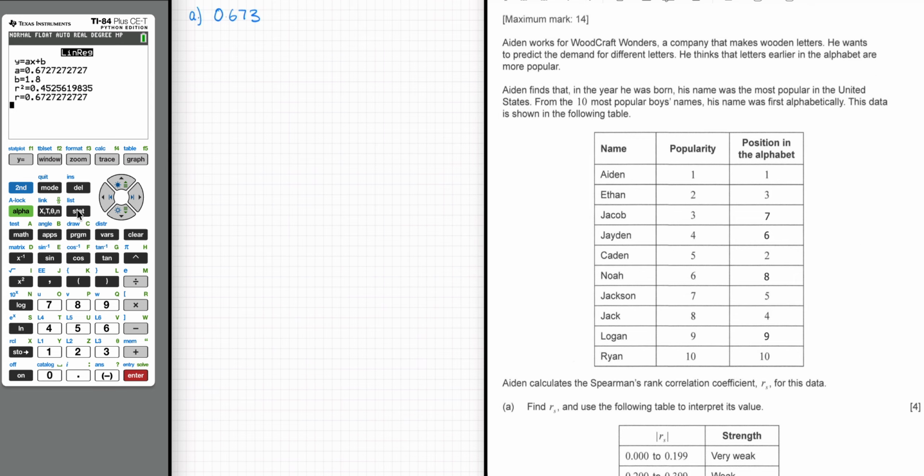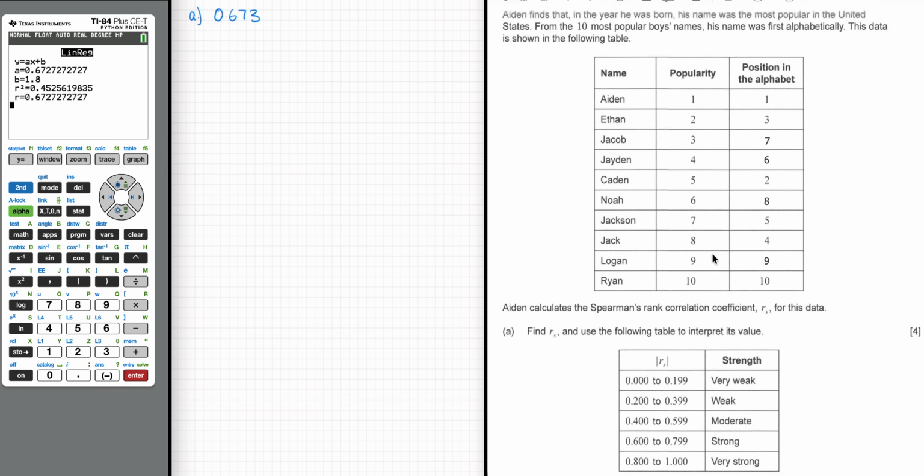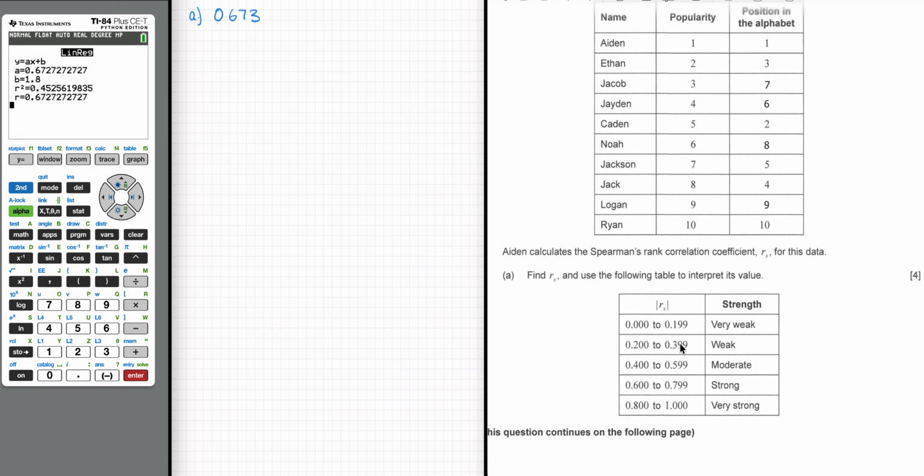And it asks us to interpret the value based on this table. So 0.67 is in this section here, which we would say is strong correlation.